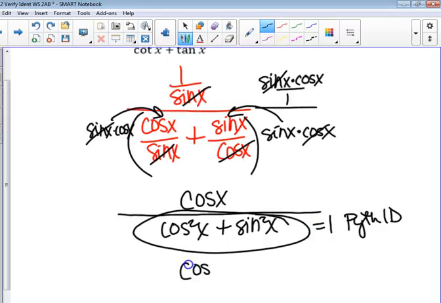So we just have cosine of x over 1, or cosine of x, which is equal to the right-hand side up above. So what looked like a horrible question wasn't as bad when we did that.